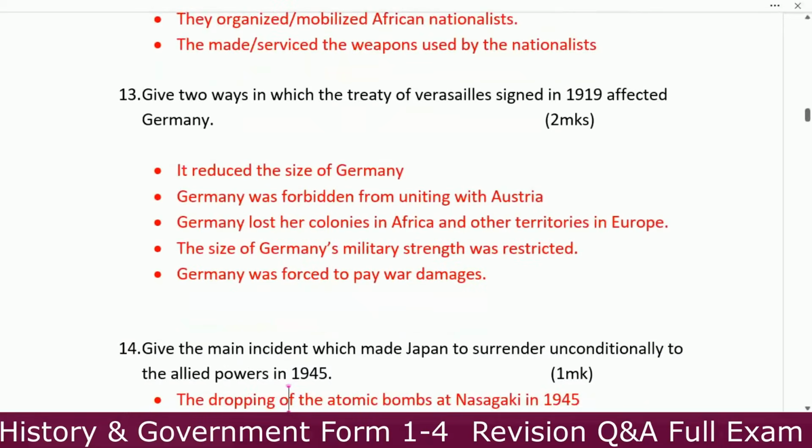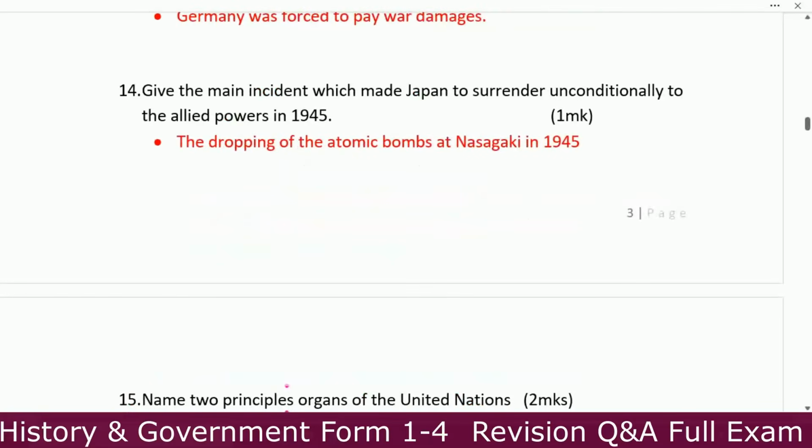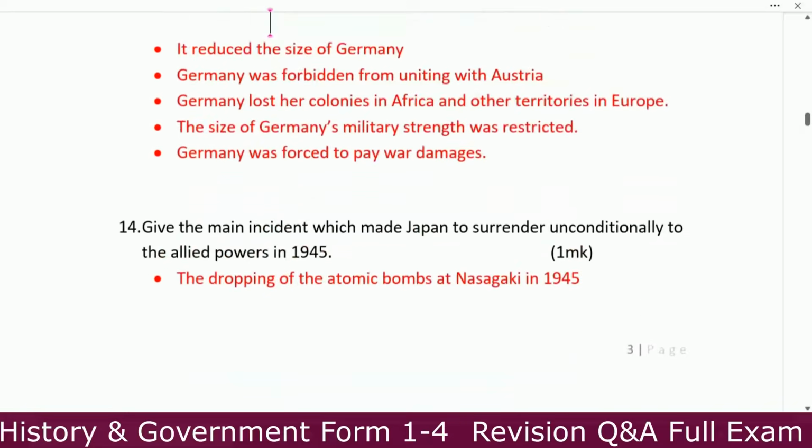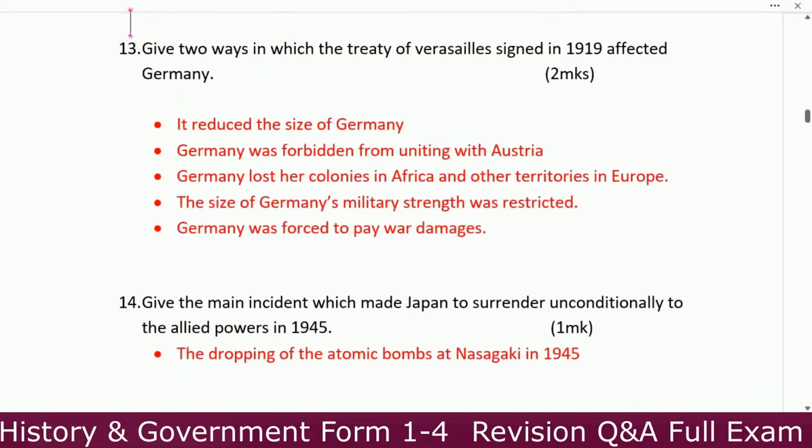Number 13, give 2 ways in which the Treaty of Versailles signed in 1919 affected Germany. It forced the reduction of the size of Germany. Remember in this treaty, Germany was blamed for that war, so it was reduced in size.